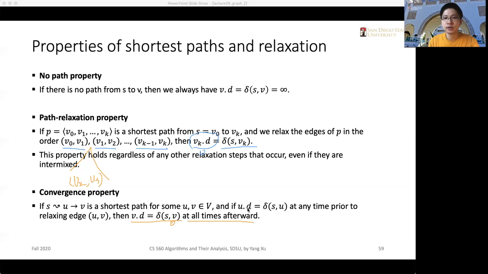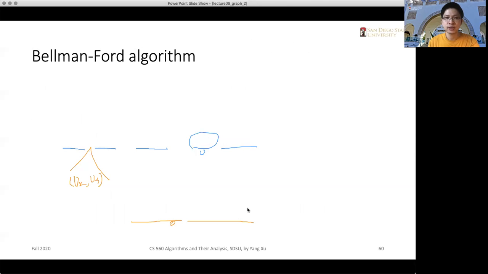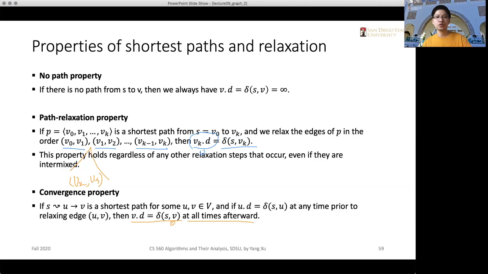This is also a useful property: as long as we reach the minimum point for U, then after relaxing the edge from U to V, we will also reach the theoretical shortest path weight for the connecting vertex V.